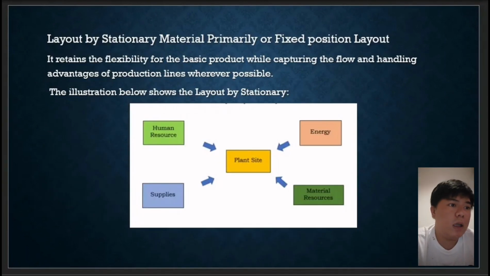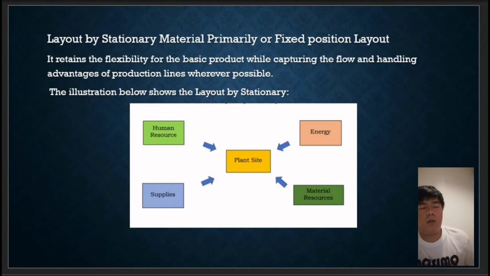So here, layout by stationary materials, primarily or fixed position layout. It retains the flexibility for the basic product while capturing the flow and handling advantages of a product line whenever possible.